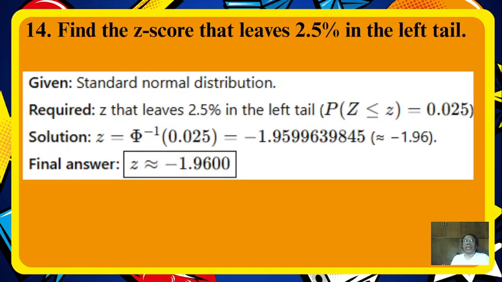Number 14. Find the score that leaves 2.5% in the left tail. So our solution, inverse tau of 0.025, the answer is negative 1.96.